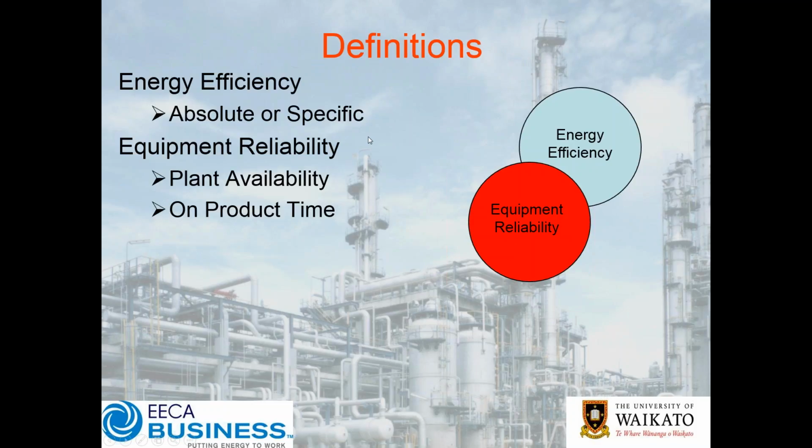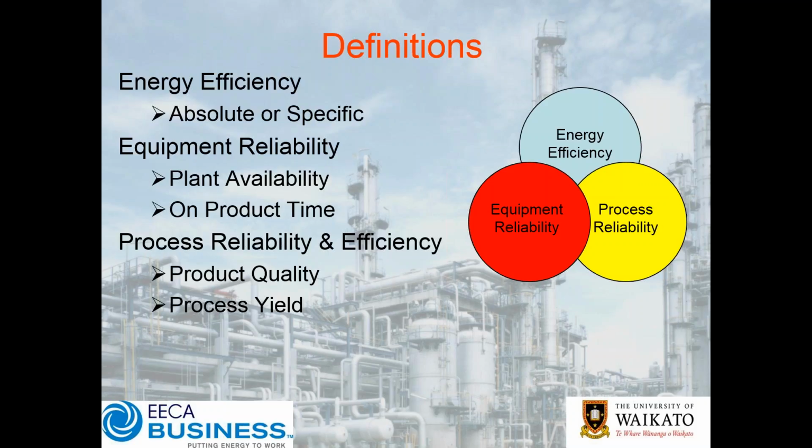Now, coupled with that, there's a direct relationship with overlap with the reliability of the process, which is going to impact plant availability, the amount of time that your plant is on product as opposed to downtime or repairs, maintenance, etc. Then, of course, the other thing we have is process reliability and efficiency.